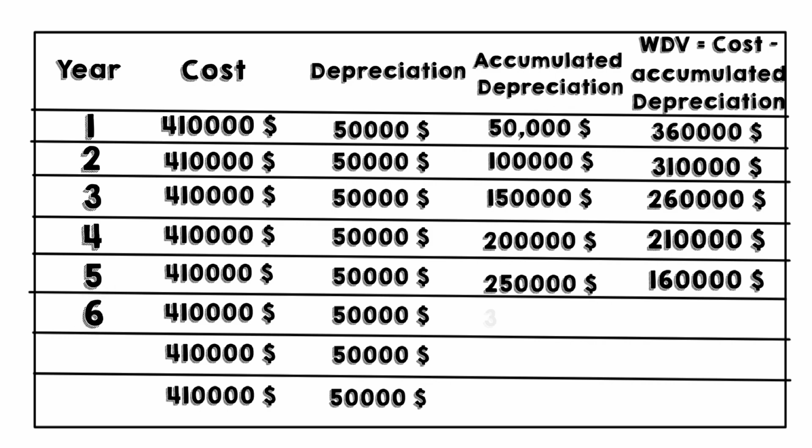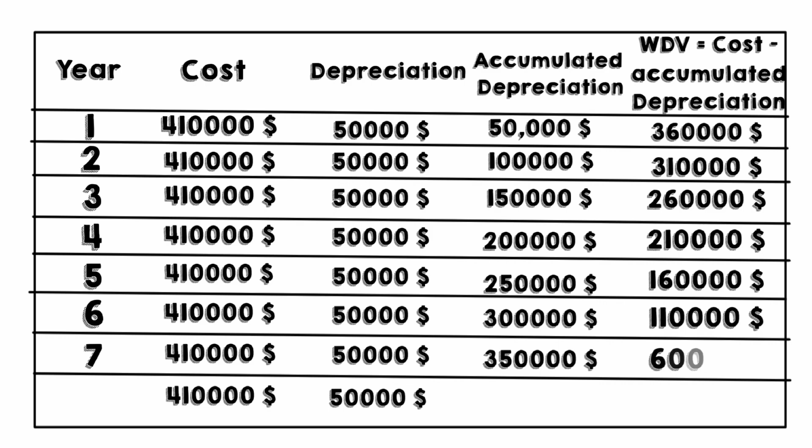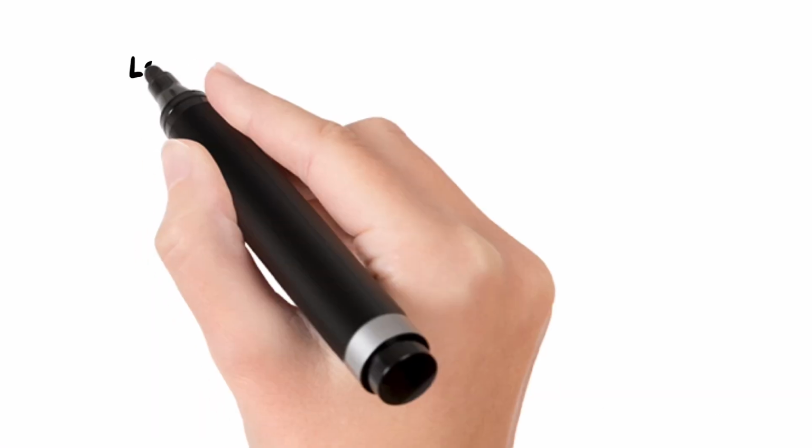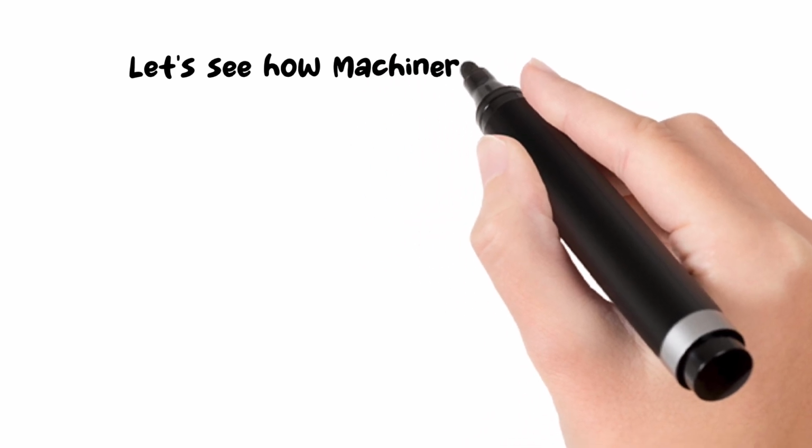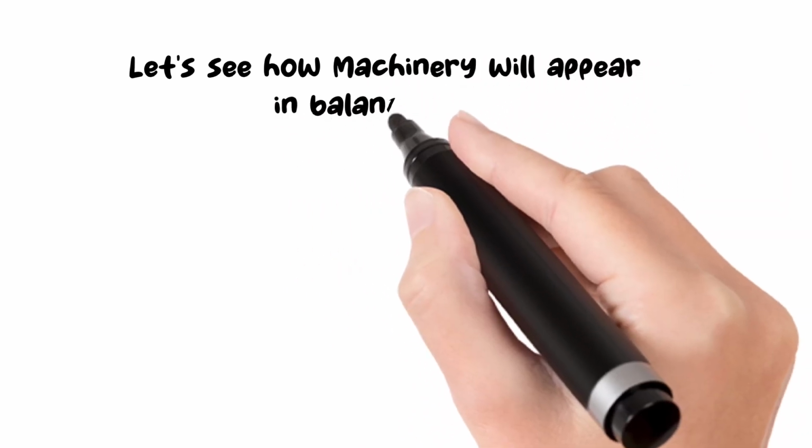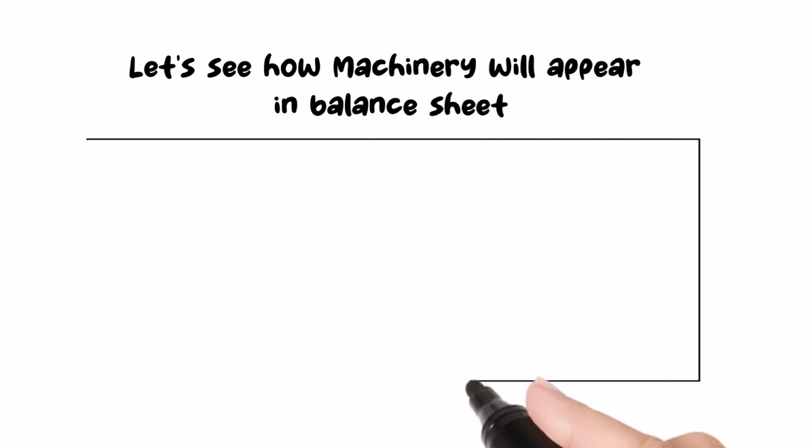Sixth year, $300,000, $110,000. Seventh year, $350,000, $60,000. Eighth year, $400,000, $10,000. Let's see how machinery will appear in the balance sheet for 3 years.